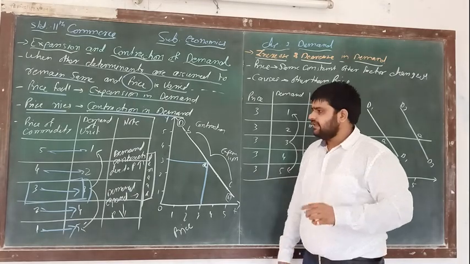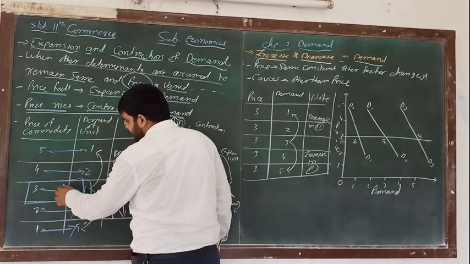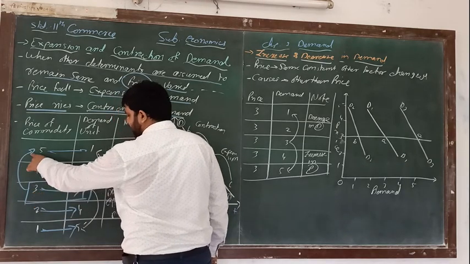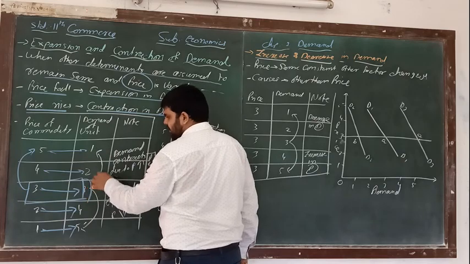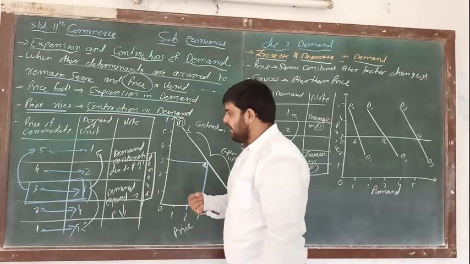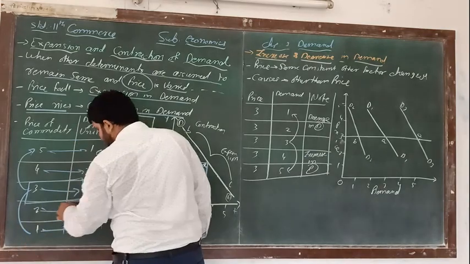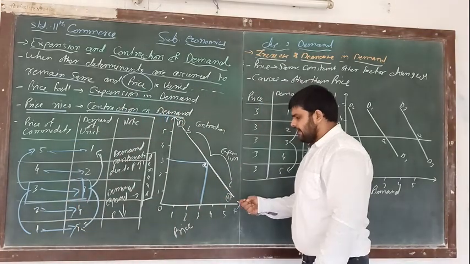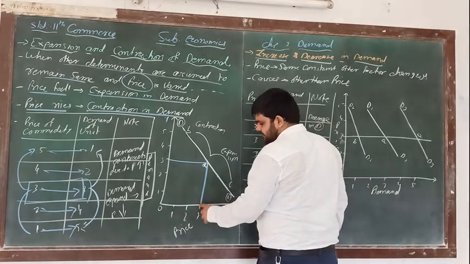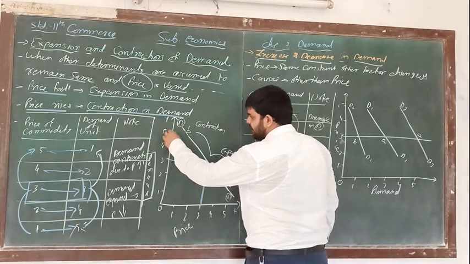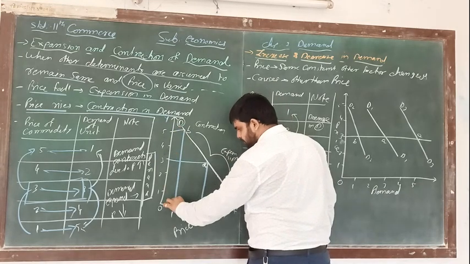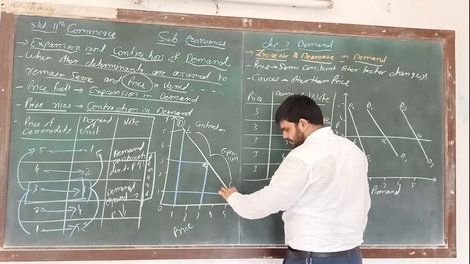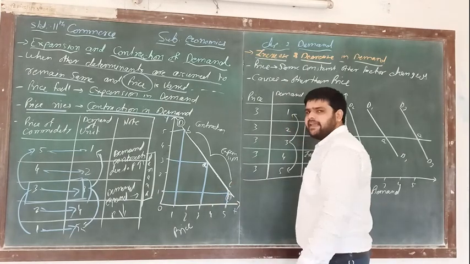Now you can see that if price increases from 3 to 5, demand contracts from 3 to 1. And if price decreases from 3 to 1, demand expands from 3 to 5.